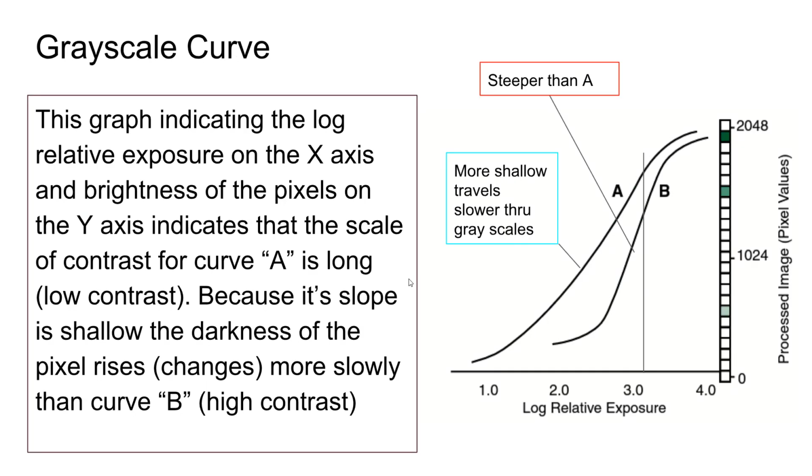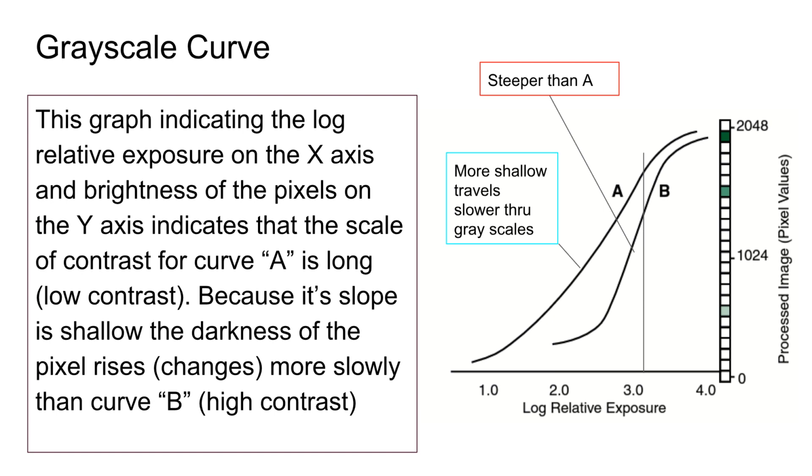Okay. So example A and B are examples of the technologist changing the slope of the S-curve. If you have a steep slope, which is example B, picture that this steep slope is kind of going through these grayscales.